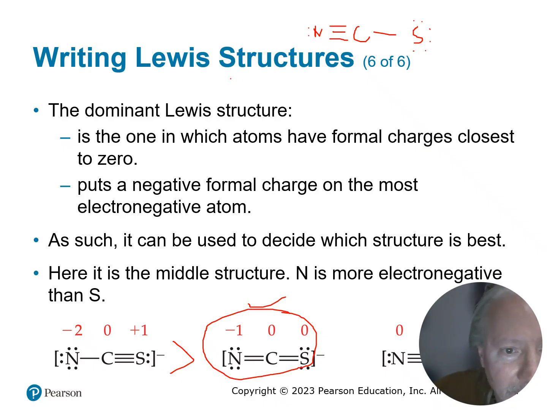Well, nitrogen has 5 valence electrons, so let's do nitrogen as it's written, right? And then we want to subtract, well, how many electrons actually belong to nitrogen and are not shared? That's only 2 because it has a lone pair. Then we add the shared electrons it has with carbon, which is 2, 4, 6.